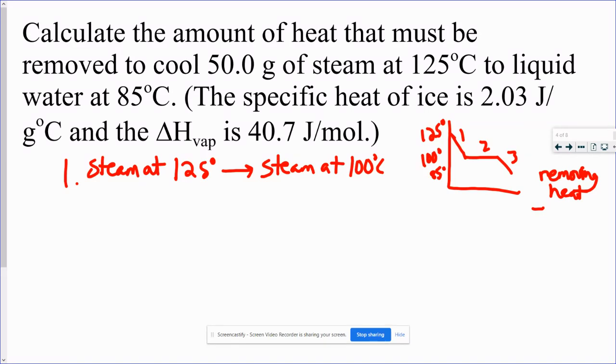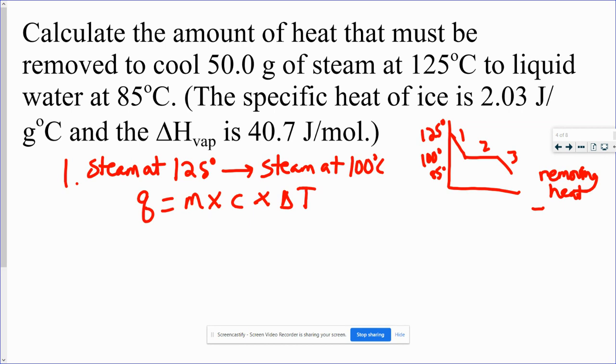If this were a different substance, it would have to tell us what the boiling point or the melting point of that substance is. So in this case, it's water, so I know it boils at 100 degrees, which means it condenses at 100 degrees. So this is a change in temperature. So Q equals mass times specific heat times change in temperature.